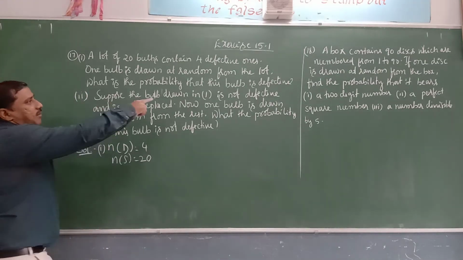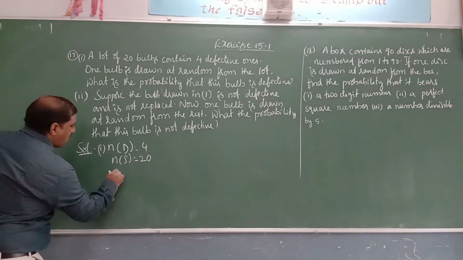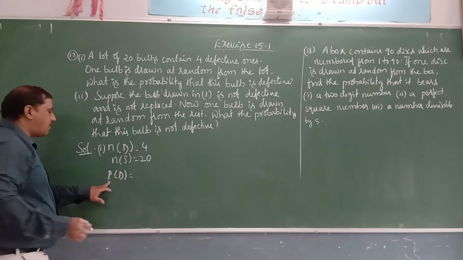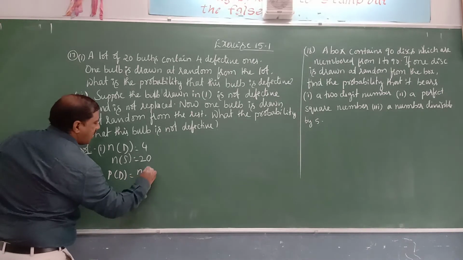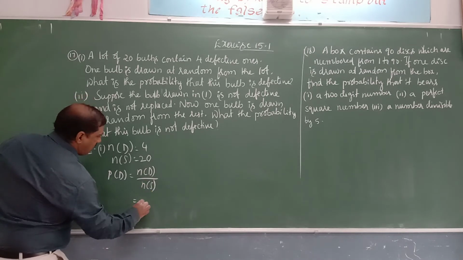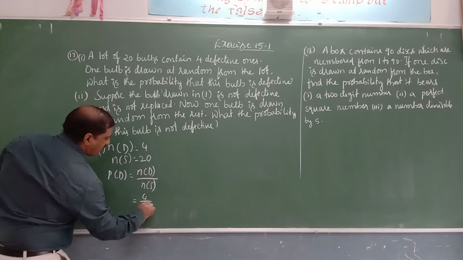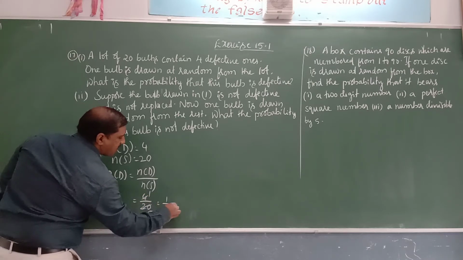Now what is the probability that this bulb is defective? P of D, the probability of a defective bulb, is equal to n of D divided by n of S, that is 4 by 20. 4 ones are 4, 4 fives are 20. It is 1 by 5.